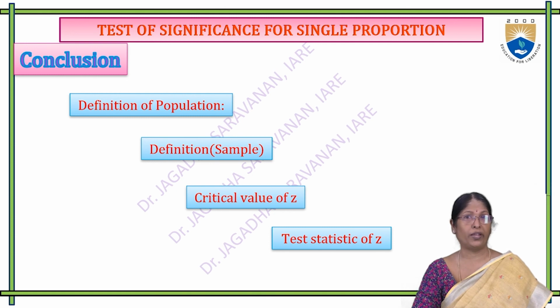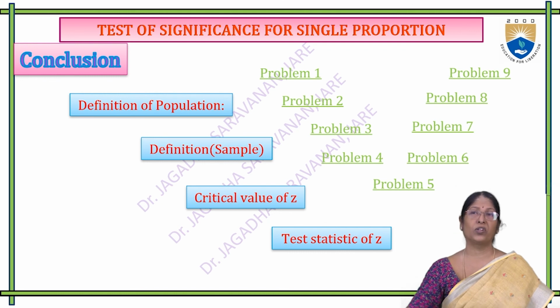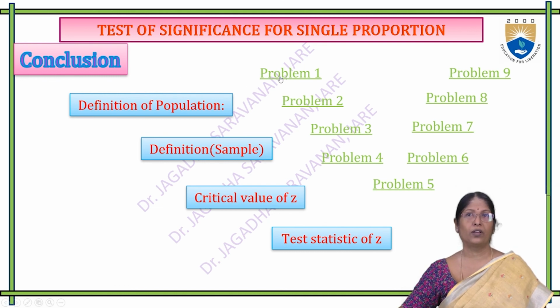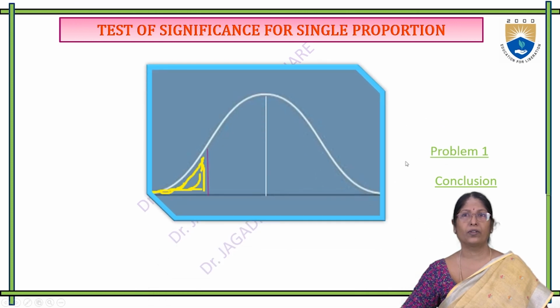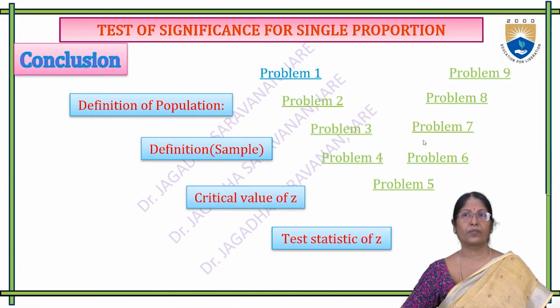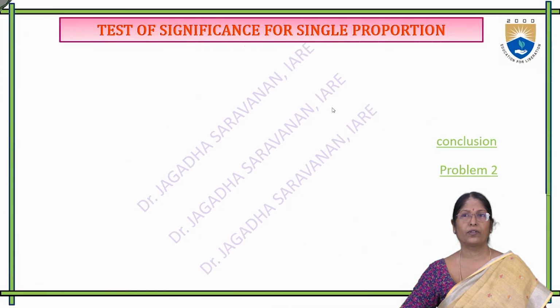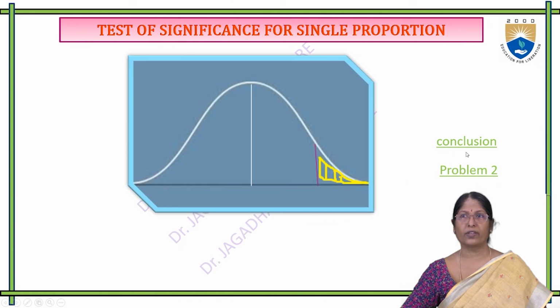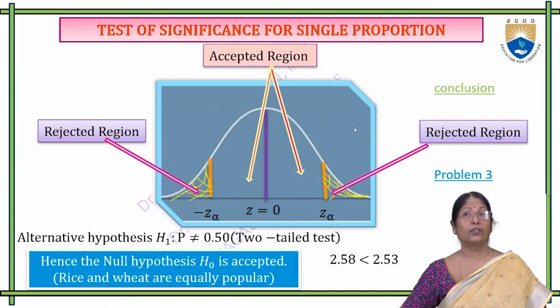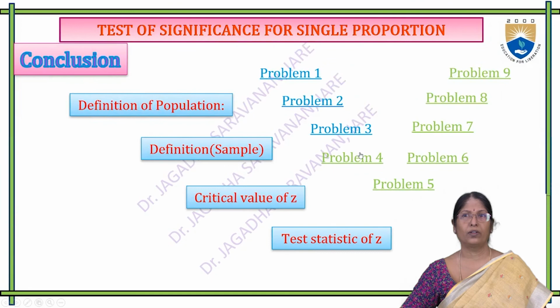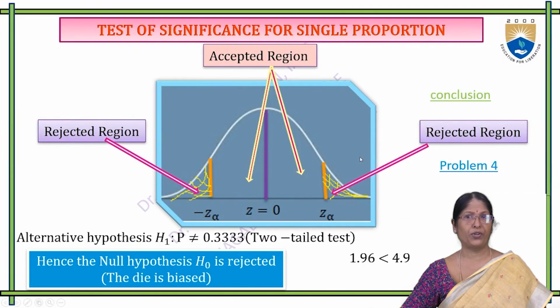In the entire video lecture we discussed different problems. These are the problems we discussed, with different graphical representations. This is one graphical representation, this is the second one, the third, and the fourth graphical representation.